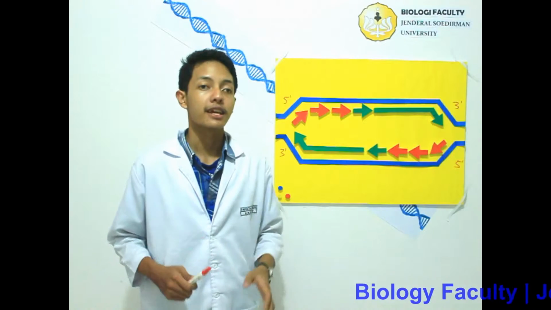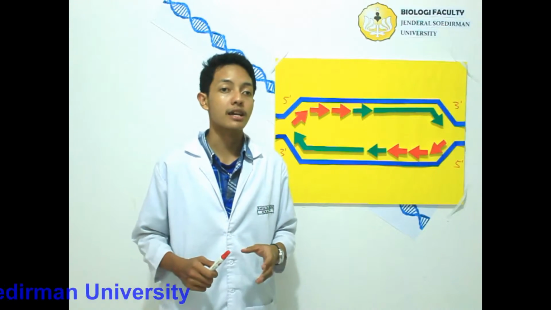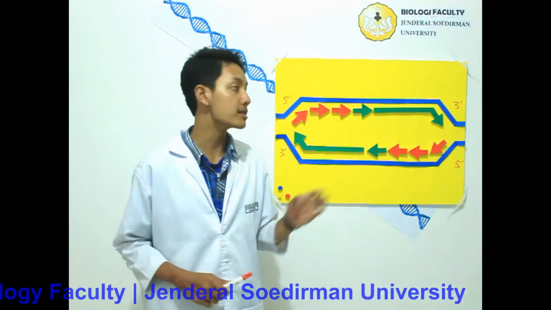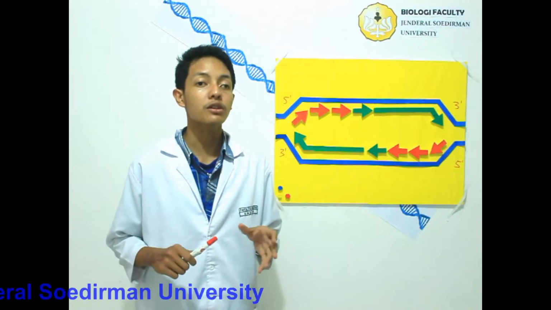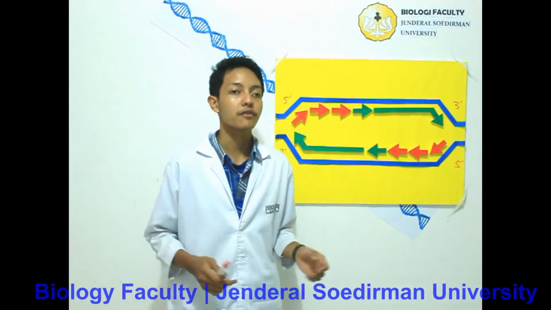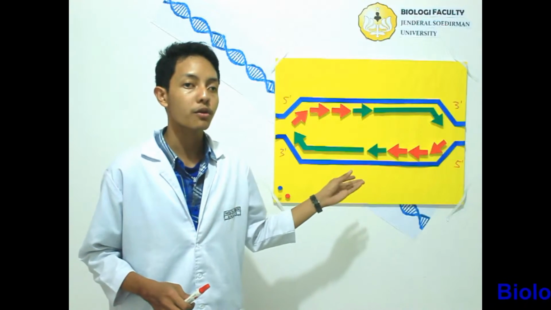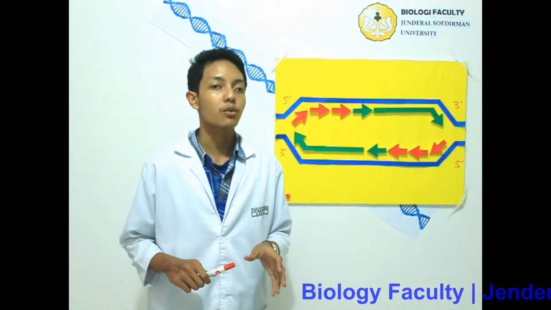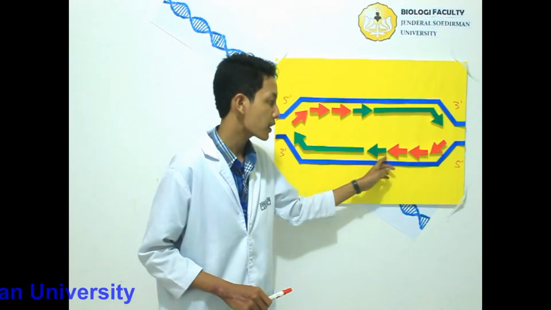Back to the case, in this section, because synthesis takes place in a different direction from the replication fork, it must happen several times. That will make the new nucleotide strand form in pieces. Separate fragments will occur between the new nucleotides, which are called Okazaki fragments.